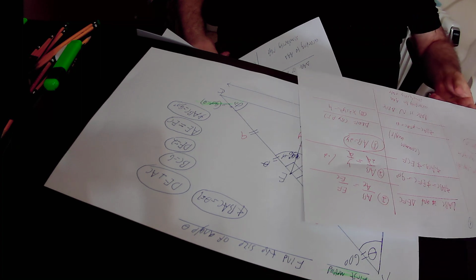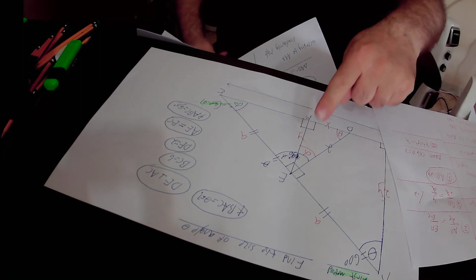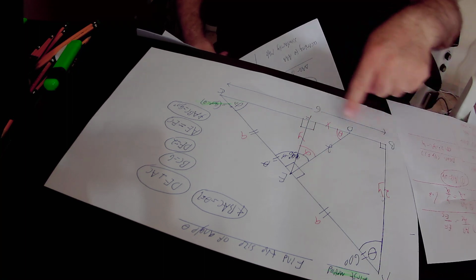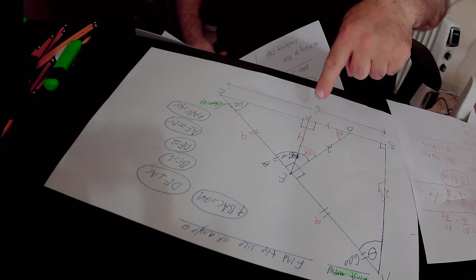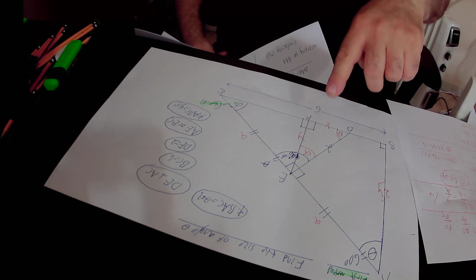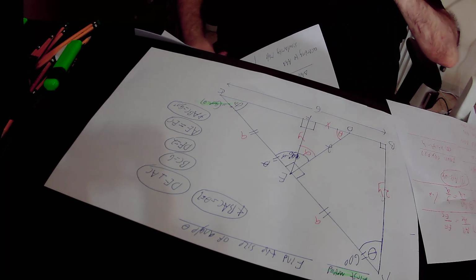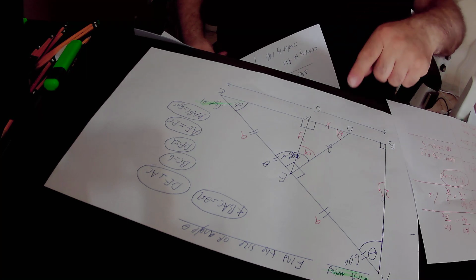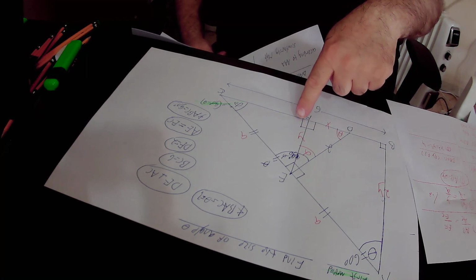Then we made a construction. From point E, we draw a perpendicular on BC, so this angle equals 90 degrees and this angle equals 90 degrees according to our construction. And we define the touching point of the perpendicular from point E and BC as F. So this is a right triangle.